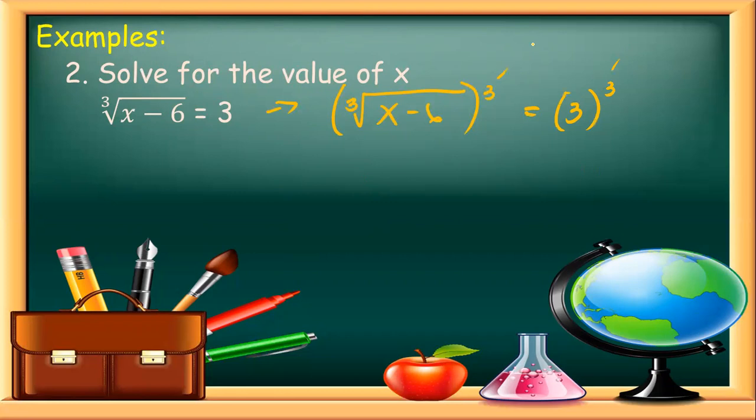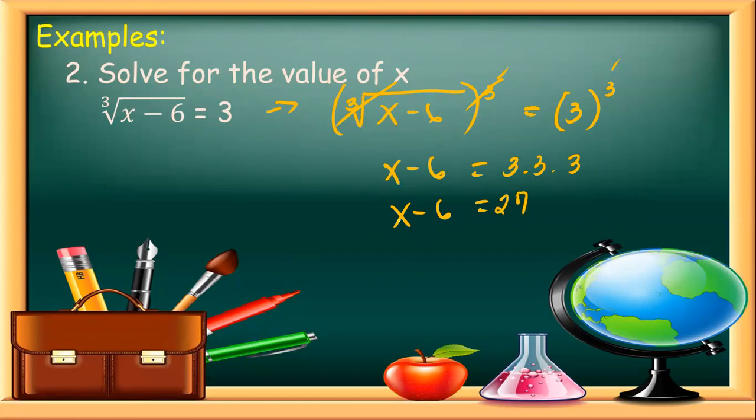Dividing the exponent by the index gives 1, so we can cancel that. We have x minus 6 equivalent to 3 cubed, that is 3 times 3 times 3, which is 27.